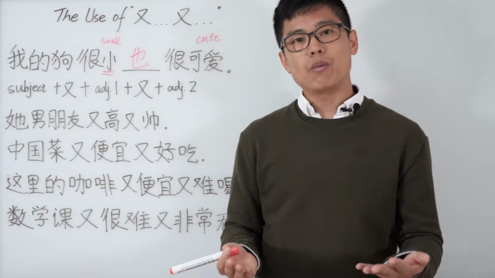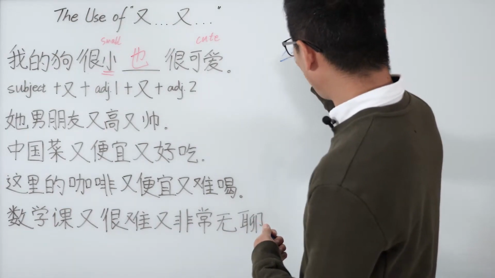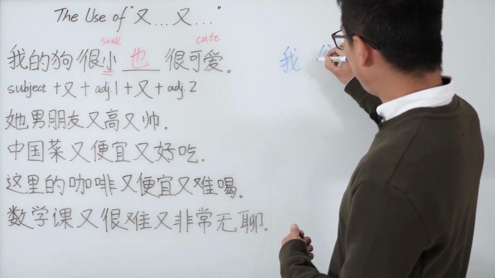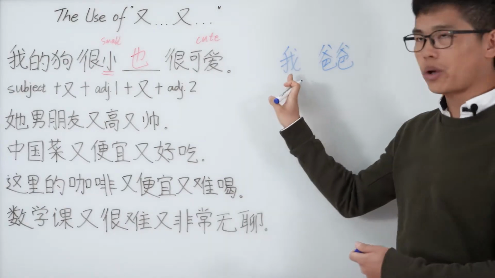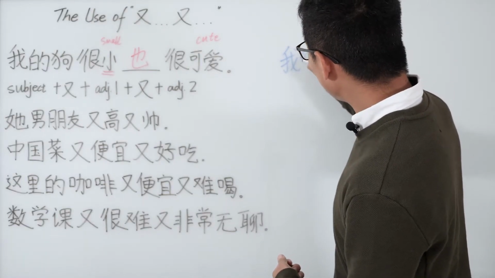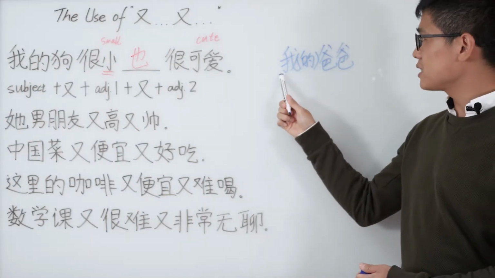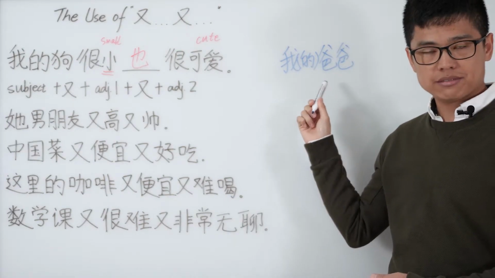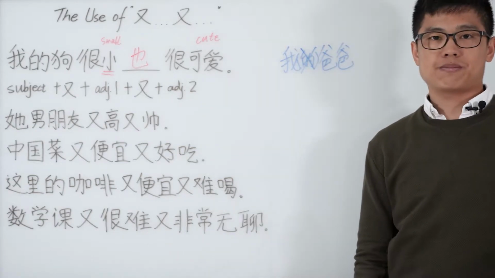Another example will be, let's say, 我爸爸. Now, normally between me and my father, we would add the 的. But because this is a pronoun and this is another person noun, father, we do not need to use this.